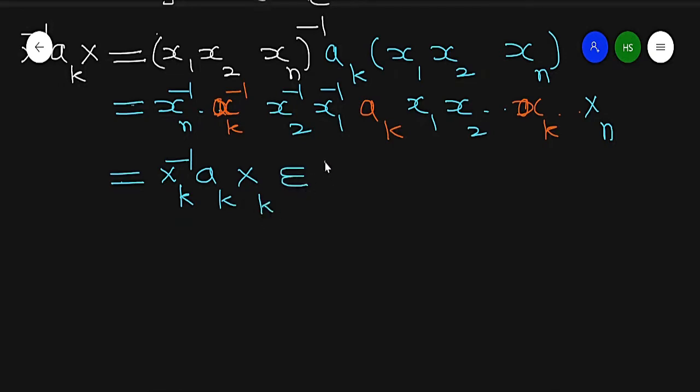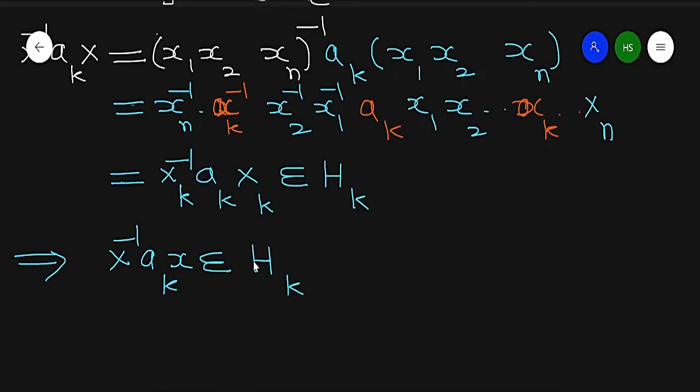Since Hk is a subgroup, their product also belongs to it. So we get x inverse ak x belongs to Hk.